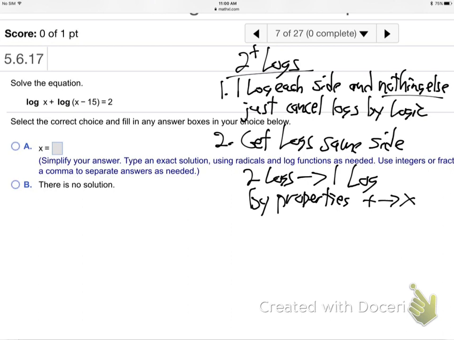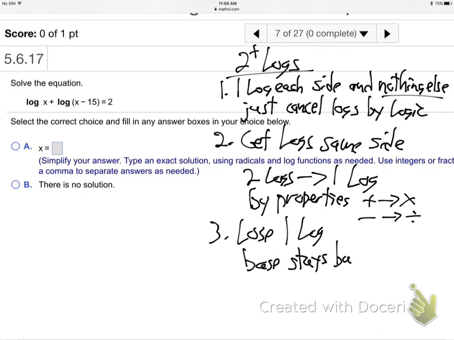Adding becomes multiply, subtraction becomes divide. Step 3, lose the 1 log. The base stays the base. Other two switch.